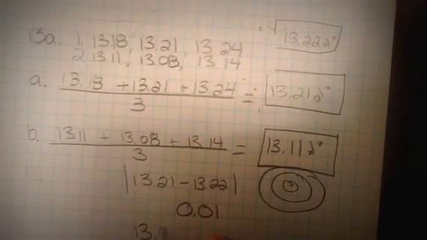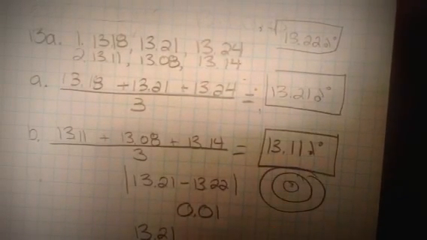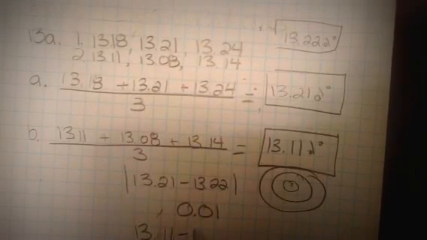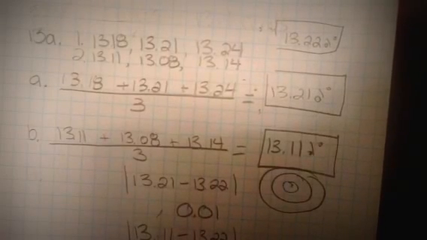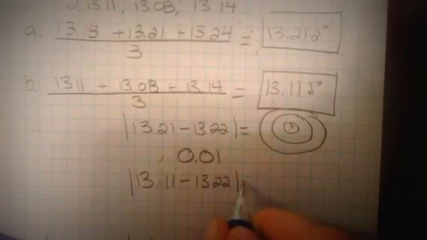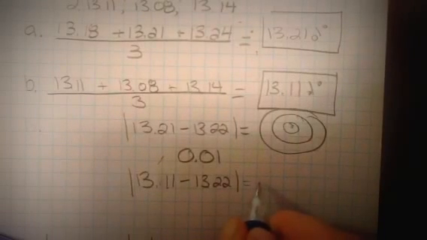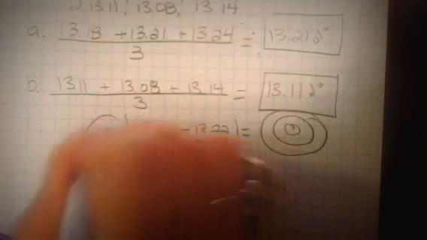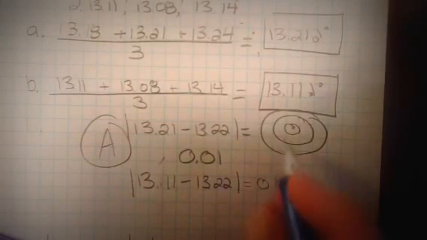Here we have 13.11 minus 13.22, absolute value. The difference here is going to be 0.11. So data set A is more accurate, hitting that bullseye.